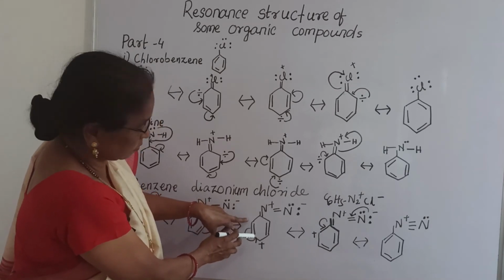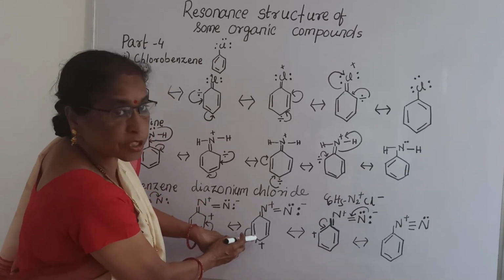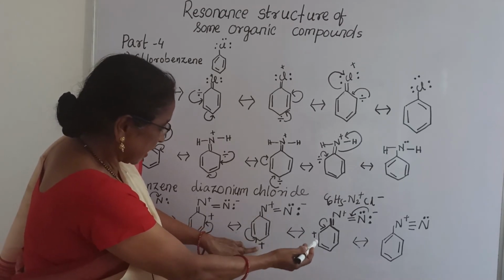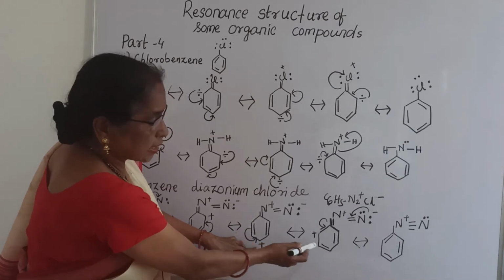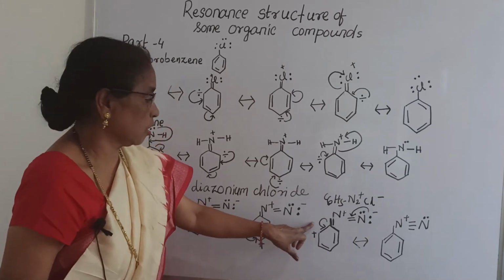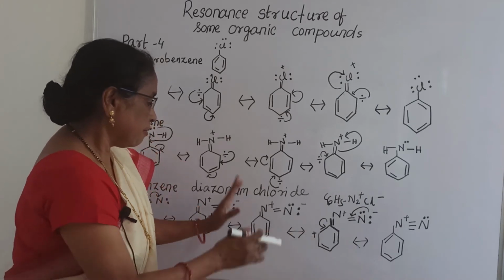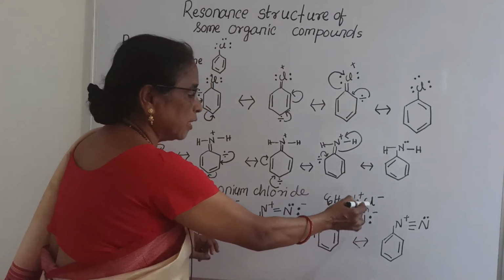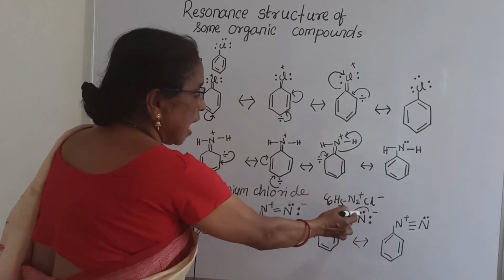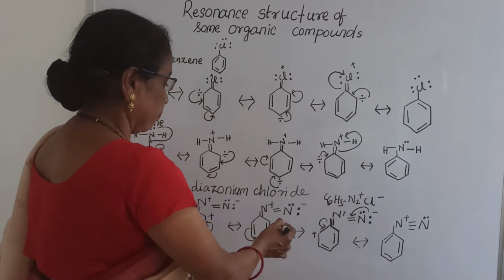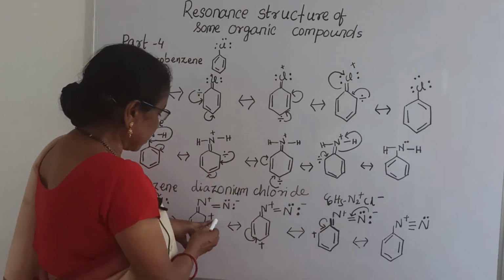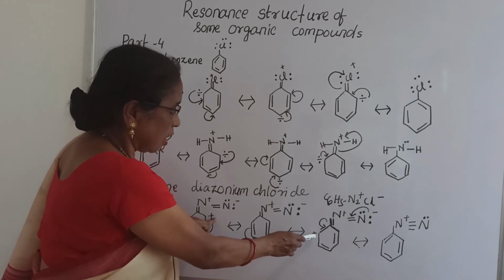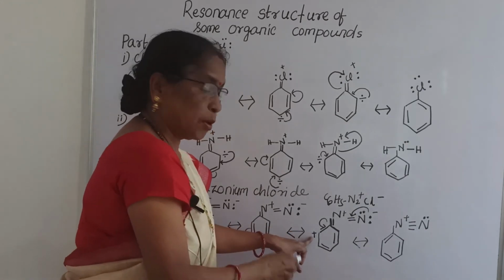And this pi electron delocalized to the adjacent bond, that is why the positive charge cancels. In the next case it occupies a double bond, and this ortho position occupies a positive charge, whereas the nitrogen as it is contains one positive charge, the other contains a negative charge, having two bonds and two lone pairs of electrons. Now you can observe, the first case is ortho, the second case para, the third case is resonance, that is ortho also containing that positive charge.